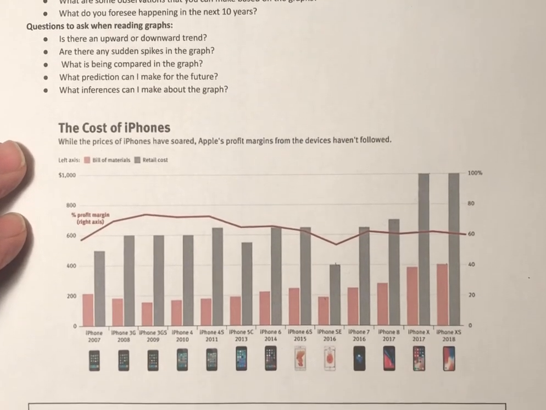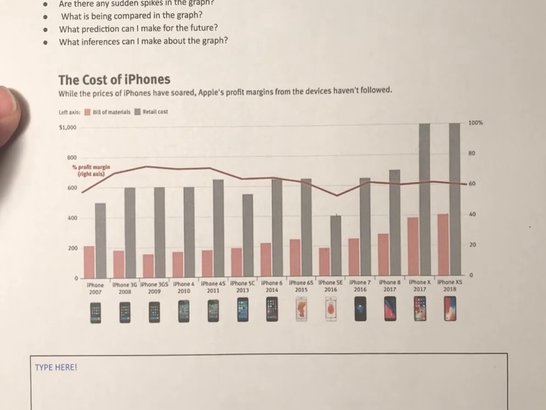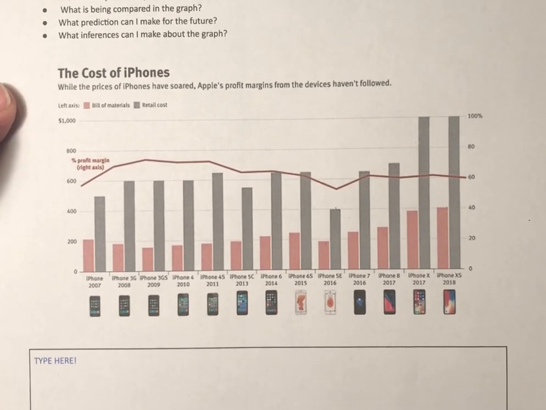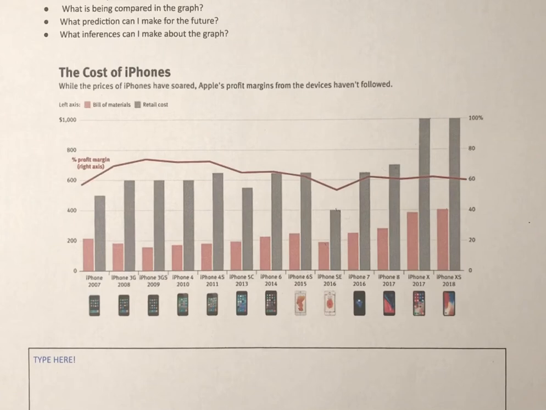So this graph that we have chosen to analyze, to give you an example, is actually a very interesting and complicated graph because there are a number of different quantities here that we need to keep track of.